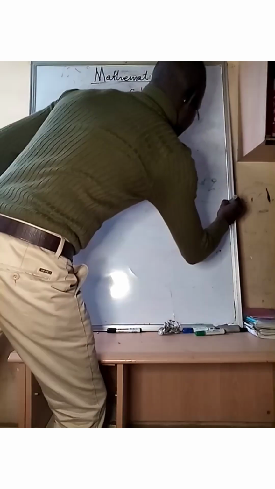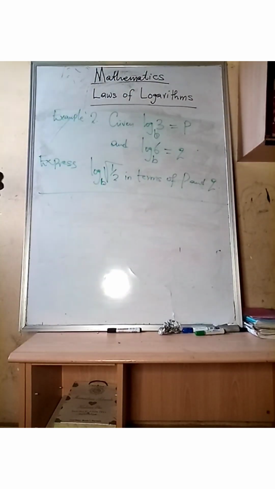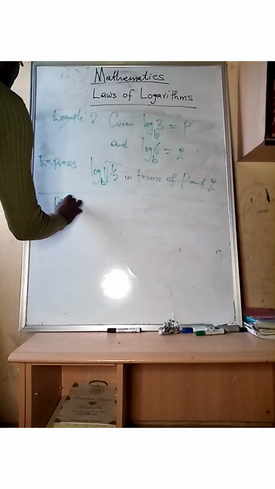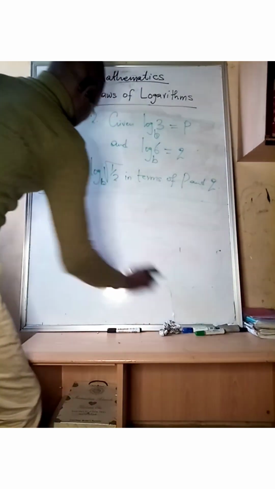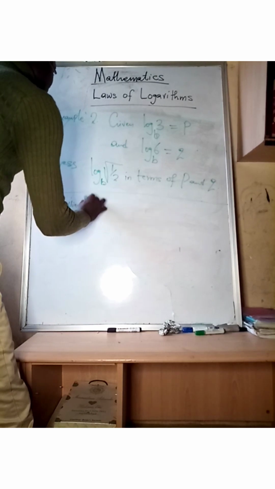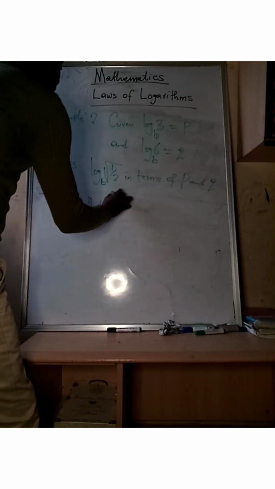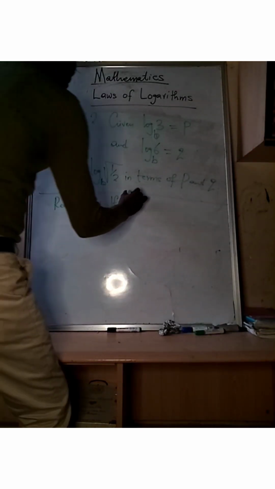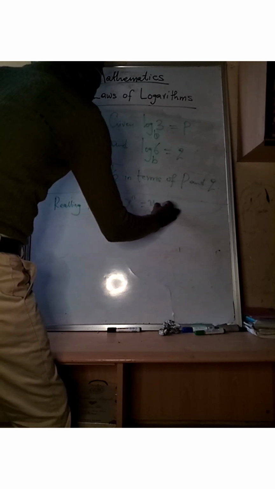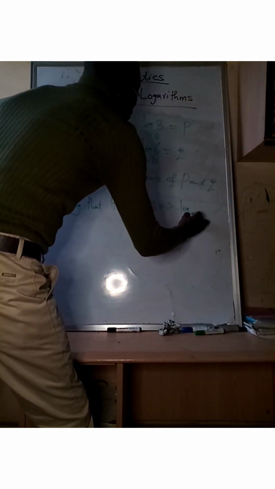So given something like this, the answer by definition, we call it that if x raised to power n is equal to y, it implies that log y to base x is equal to n.